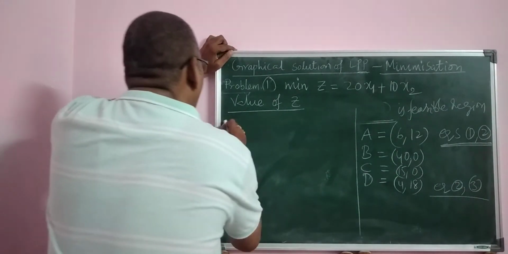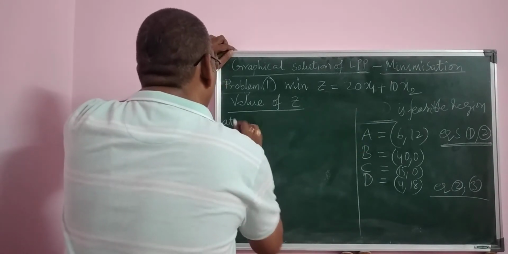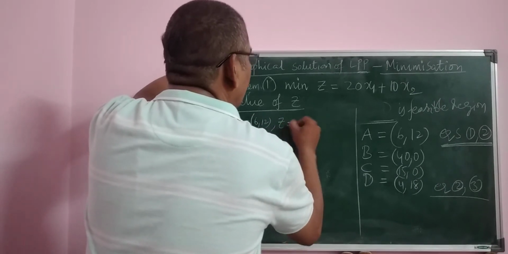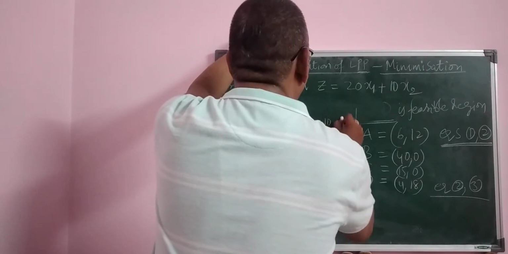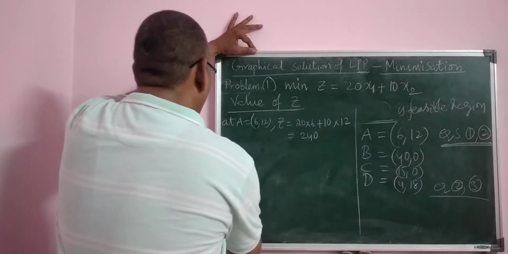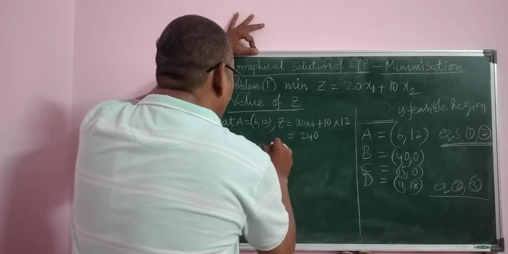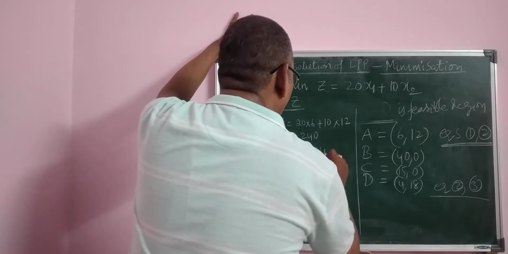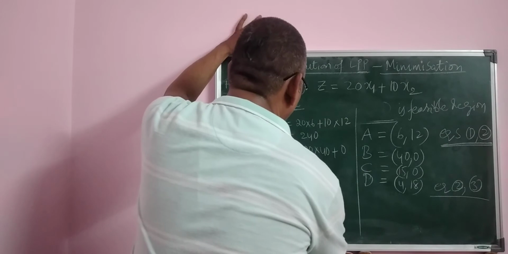At the corner point A, which is (6, 12), z is equal to 20 into 6 plus 10 into 12, which is 120 plus 120, 240. At B, (40, 0), z is equal to 20 into 40 plus 0, because the second one is 0. So it is 800.